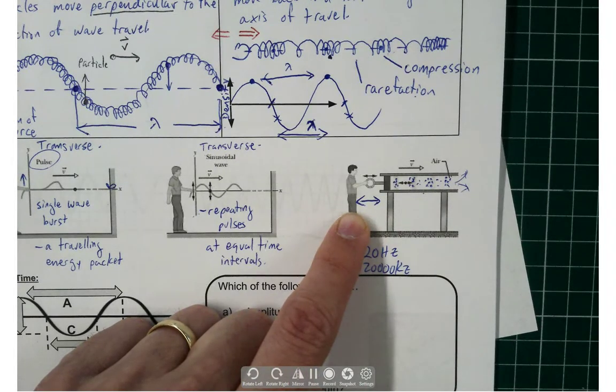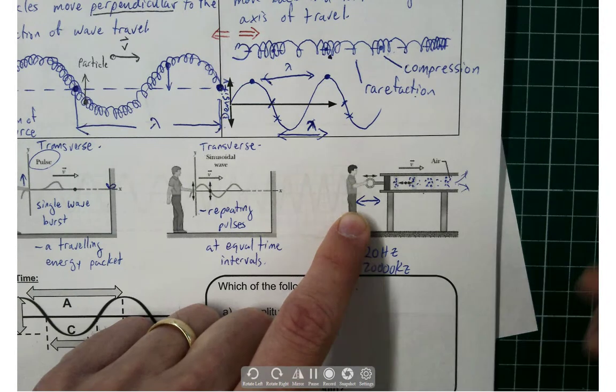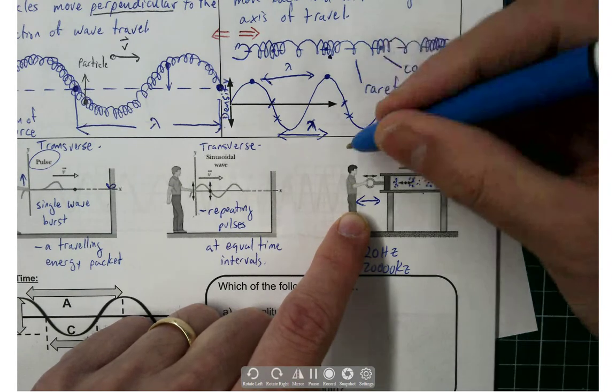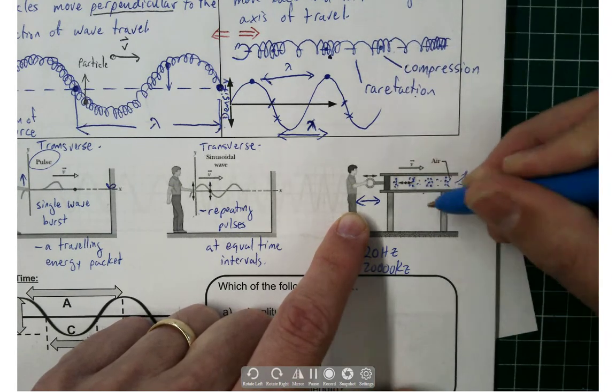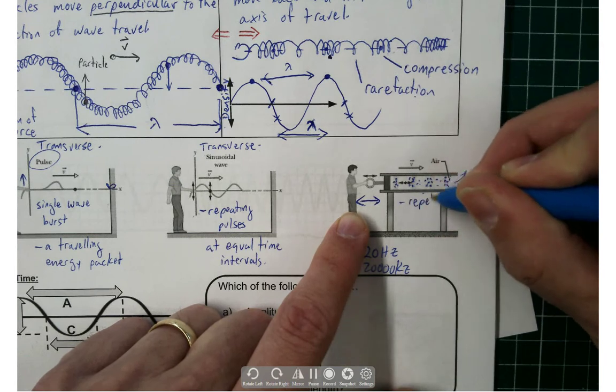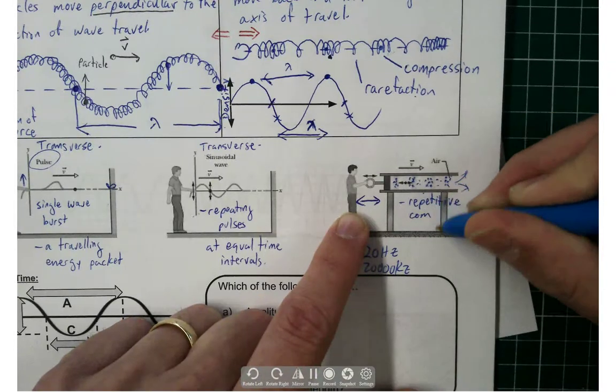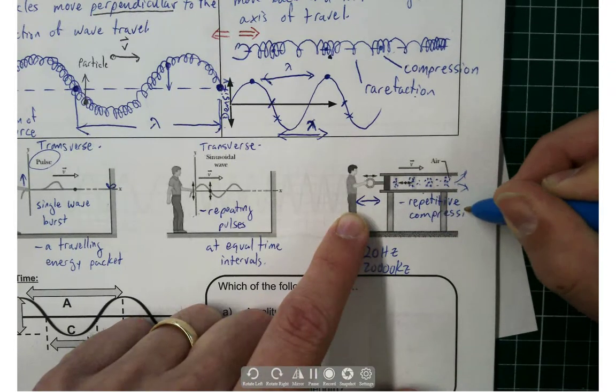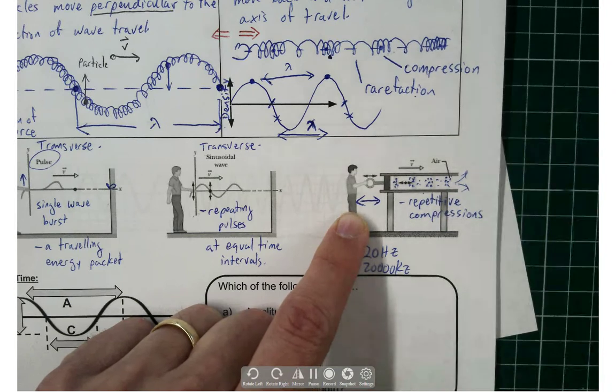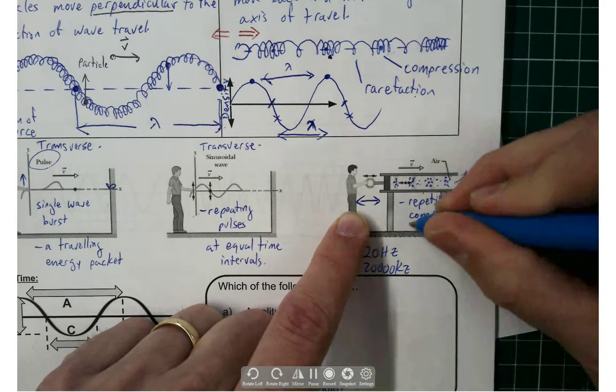I'm trying to engage in this playground kind of thinking, thinking of these as toys that people can play with, right? So again, let's put this into words. Repetitive compressions and decompressions.